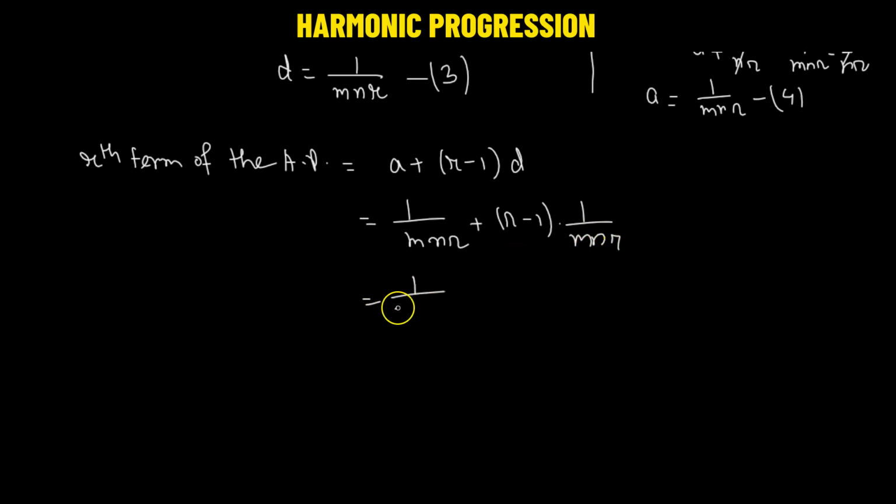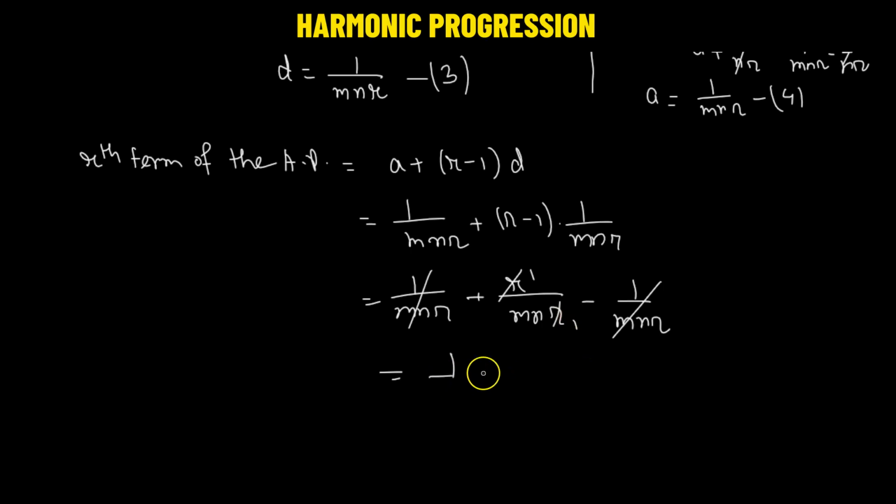So that equals 1 over m n r plus r over m n r minus 1 over m n r. We can cancel out the first term and the last term, and r from the numerator and the denominator factors out. That leaves us with 1 over m n. So this is the rth term of the arithmetic progression.